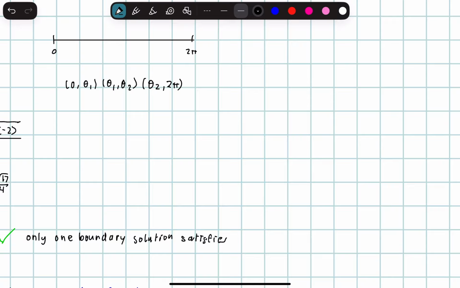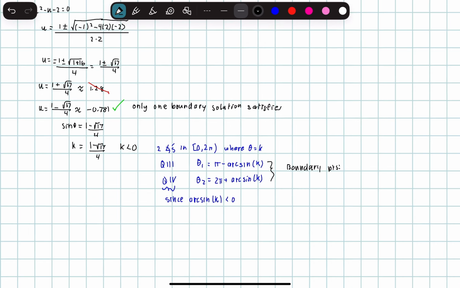And now we have to label the sign of f of theta is equal to cosine squared theta plus sine theta. So label the sign of, okay, and now after this we can test some points.